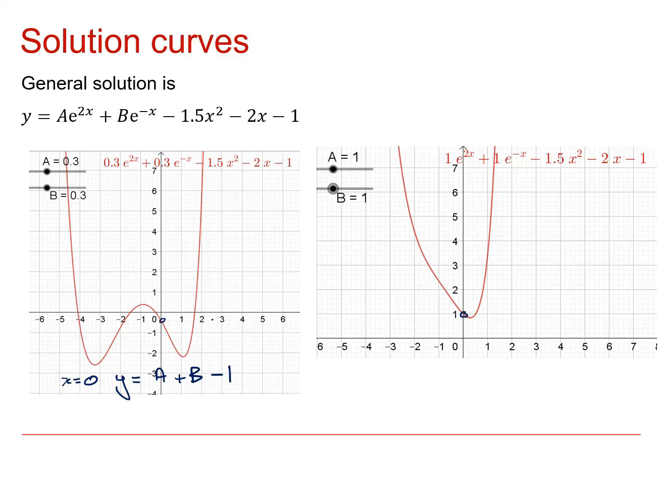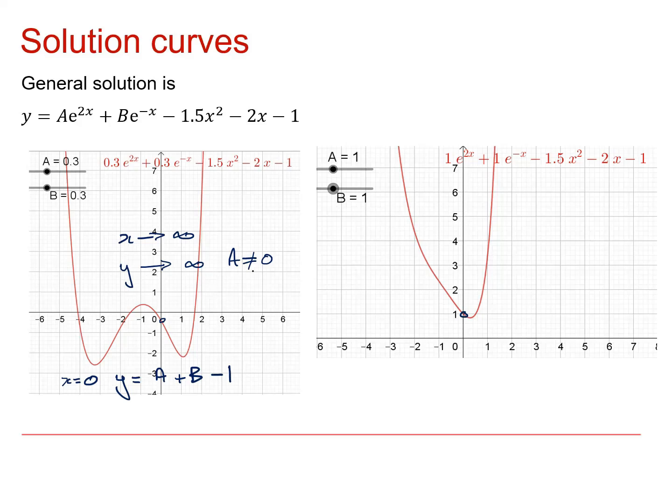Now the other thing to notice is the behavior for large x. Provided a and b are non-zero, then for large positive x, so as x tends to infinity, y tends to infinity provided a is not equal to 0.